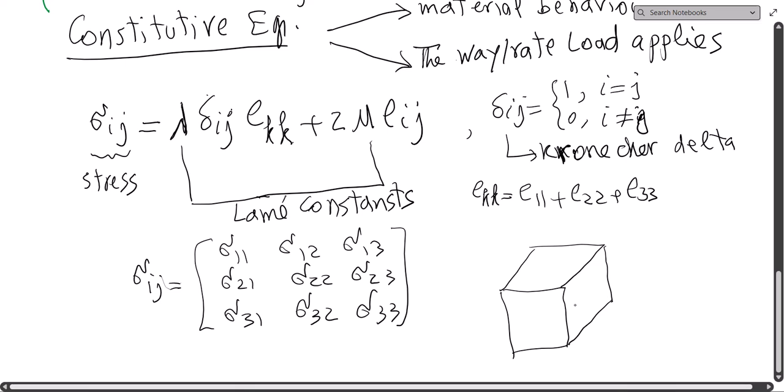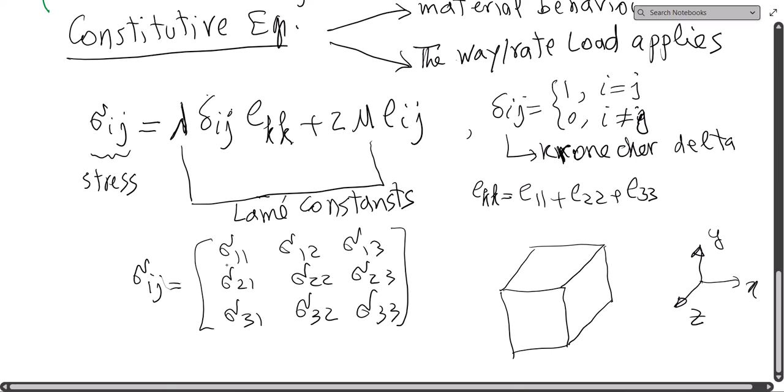So if this is your, say, x or 1, maybe put x here, y here, or maybe actually let's do it correctly. So x, say y, and z, for example, here 1, 2, 3.